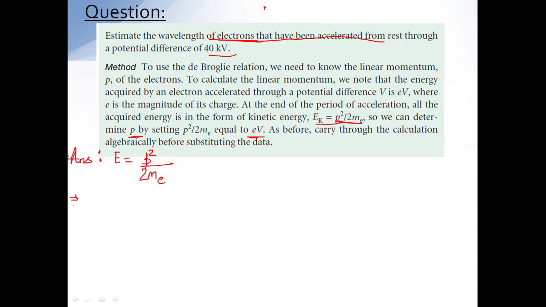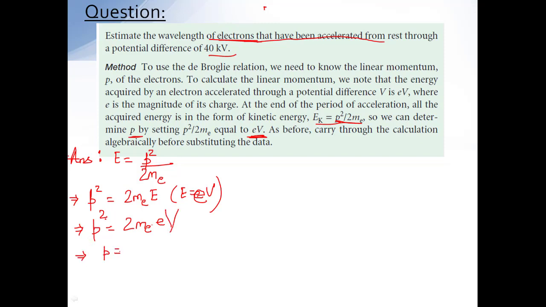So I can write this as, it implies p square is equal to 2me E. Here E is given as eV, the charge times the voltage, not electron volt, e into V. Substituting that in this equation, p square will become 2me eV, and p will become (2me eV) to the power of half, or under root, where m is the mass of the electron, e is the charge on the electron, and V is the potential difference.